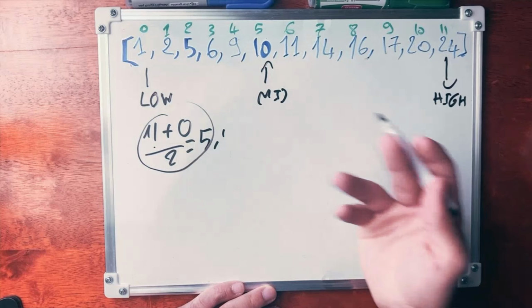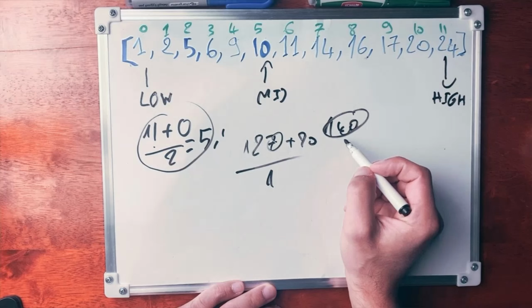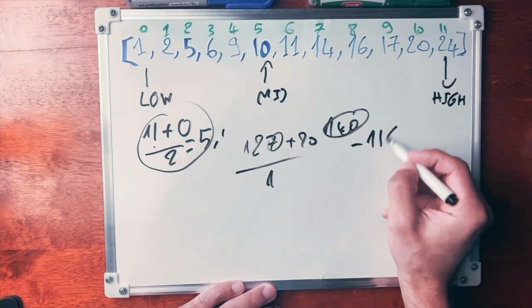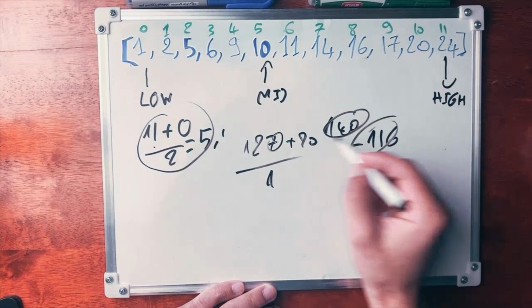Let's say they are 8-bit integers, and this one is element number 120. Because the low will keep moving, let's say the low moves to 20, so this means that this is 140. There is no 140 in 8-bit integers, so this would overflow to minus 116, and that's a big problem.